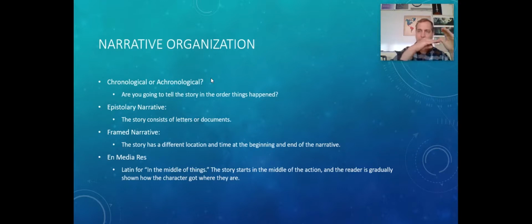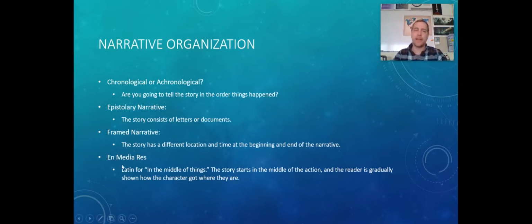And then there's this flashback into the whole story of this man, and it goes through the whole story, and then at the end it goes back to that room. And this is what's called a frame narrative. And so typically what tends to happen with a frame narrative is it starts in the future, goes to the past, tells the story of the past, then jumps back to the future. So the narrative is framed, it's like bookended with a different time and place at the beginning and the end.